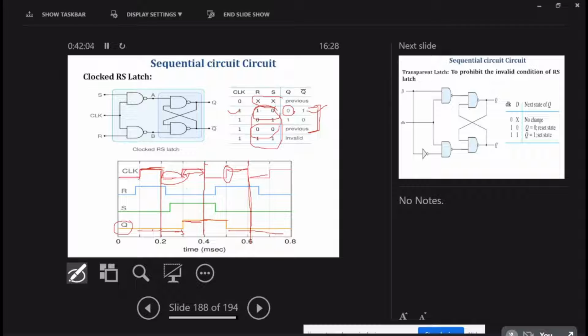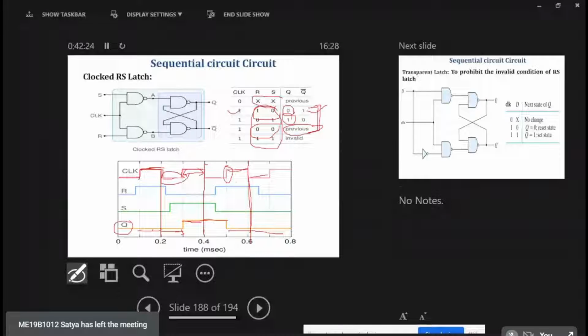This is for resetting of the Q, or for storing 0 at the Q, and 1 for storing 1. And this is to keep whatever value we have already stored here. To keep that value, we require the 0 0 combination.